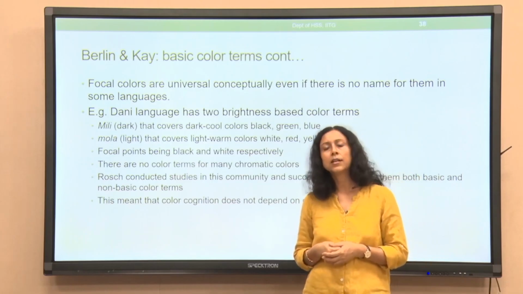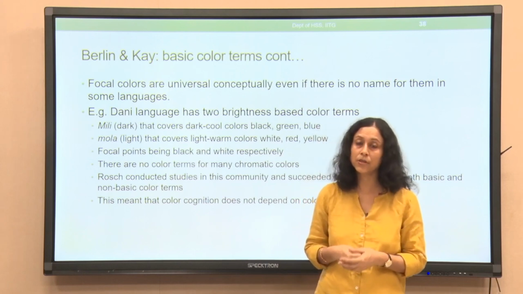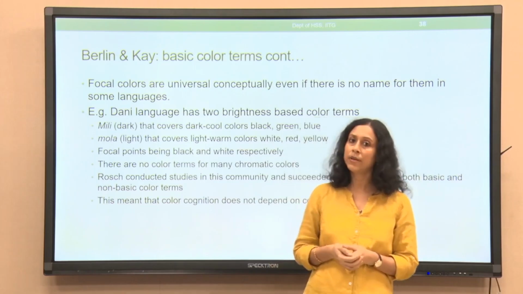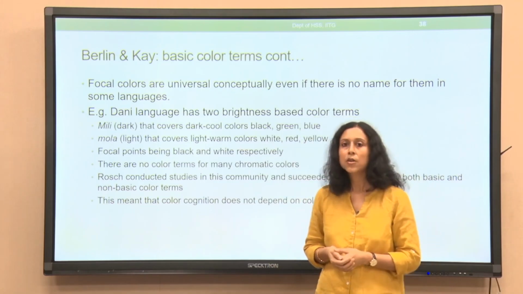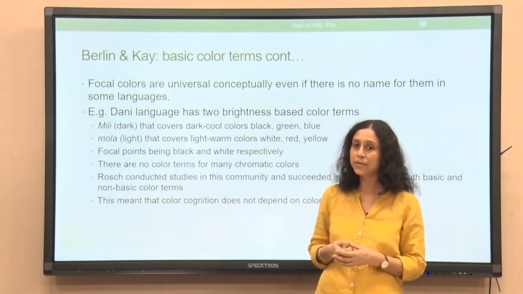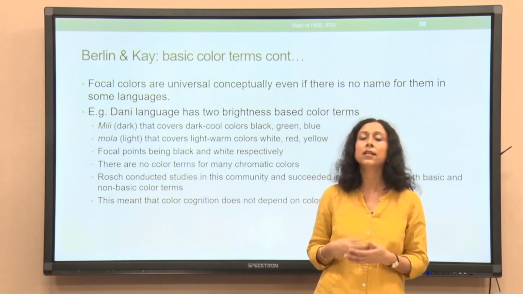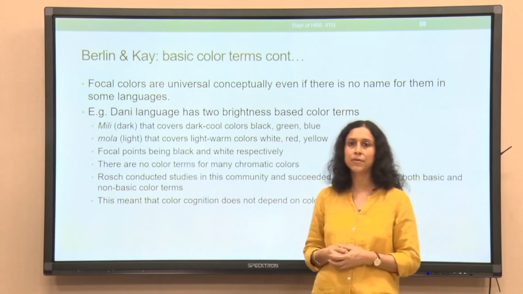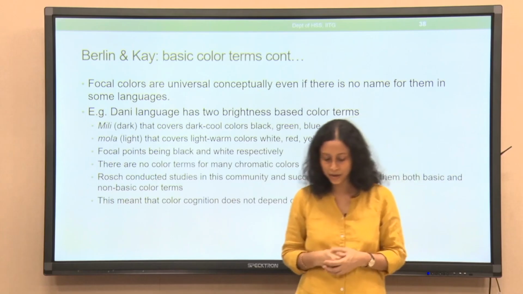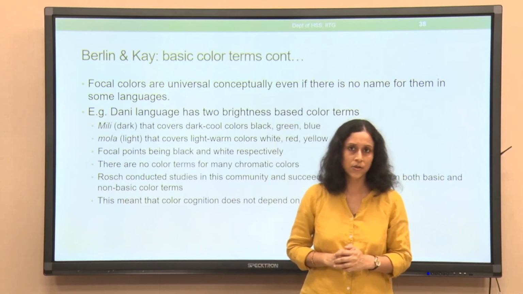Another important aspect of color terms and their possible relationship with cognition itself, in terms of color cognition, has also been explored. If a language has a very small number of basic color terms, does it limit our possibilities to understand and learn about colors and talk about them in any way? This was the other strand of research carried out by Rosch and her group, and it turns out that it does not.